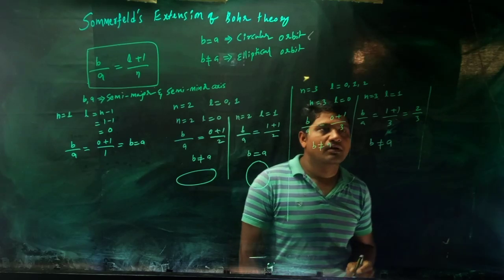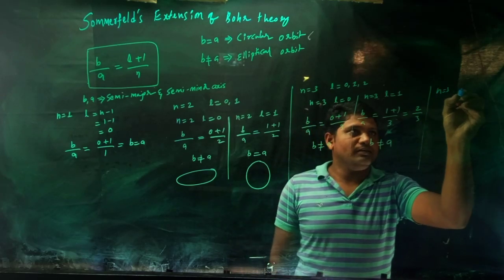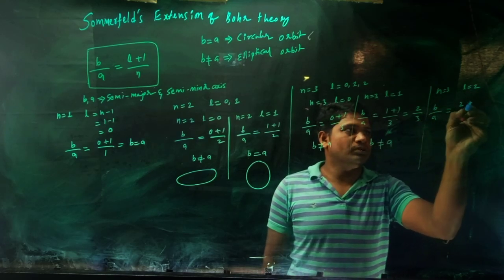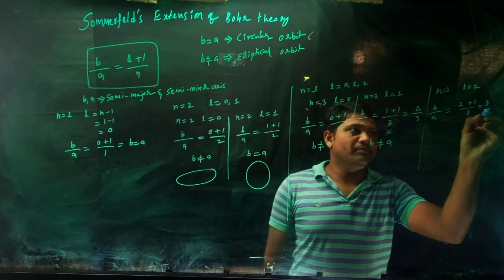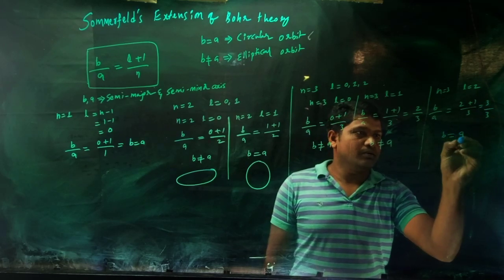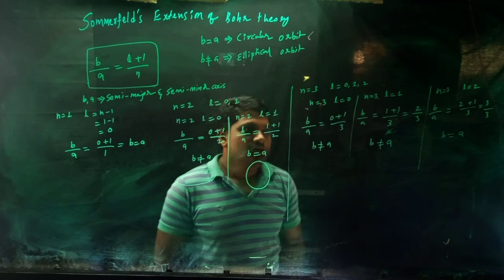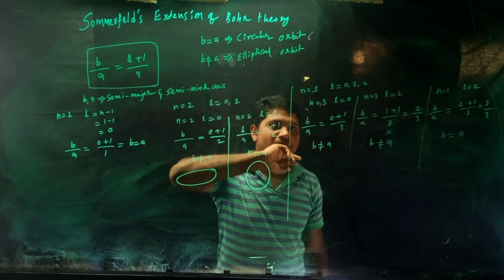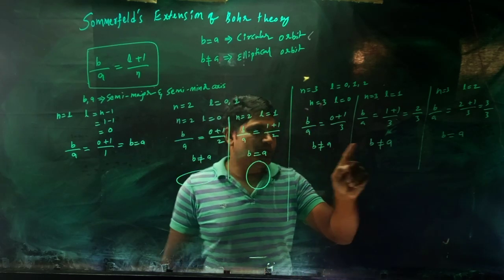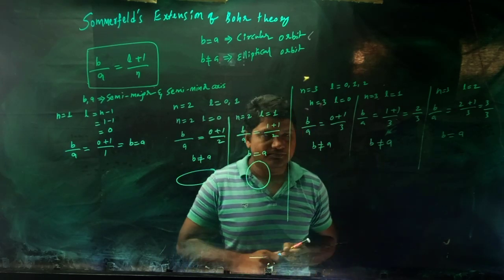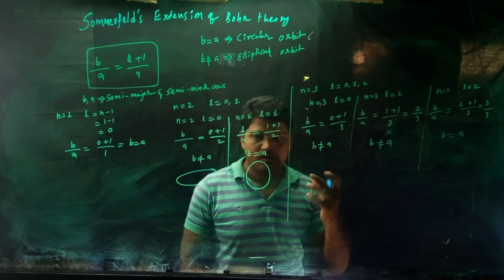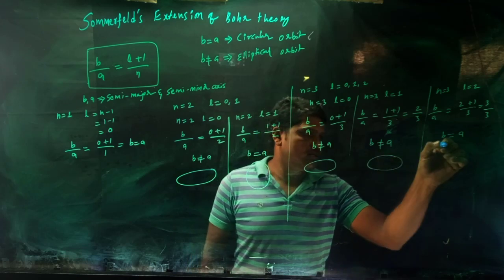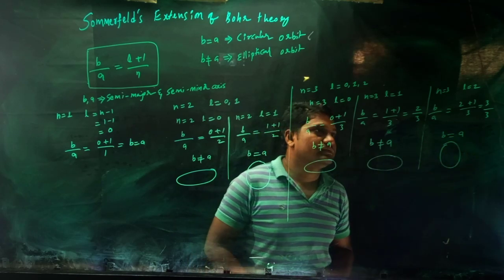When n equals 3 and l equals 2, b by a equals 2 plus 1 by 3, that is 3 by 3, so b equals a. So when the principal quantum number is 3, there are two elliptical orbits and one circular orbit.